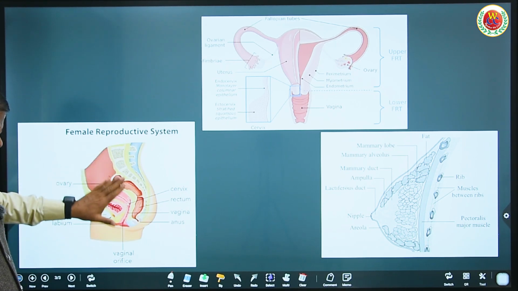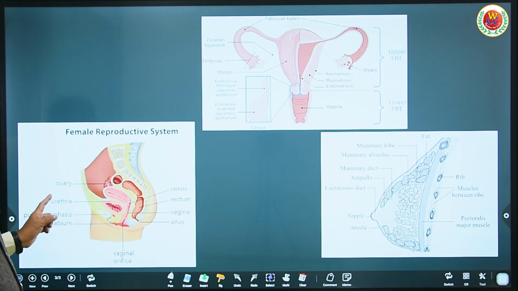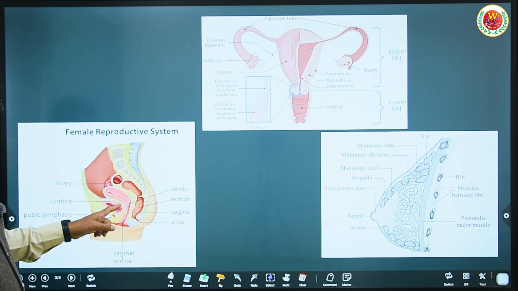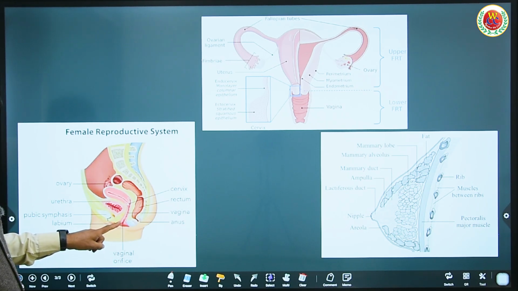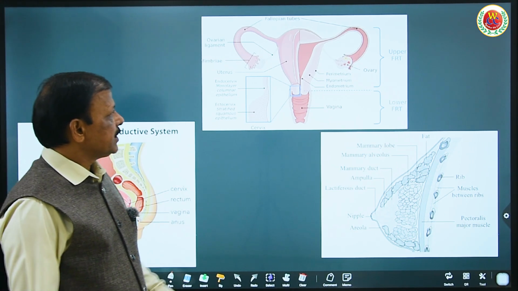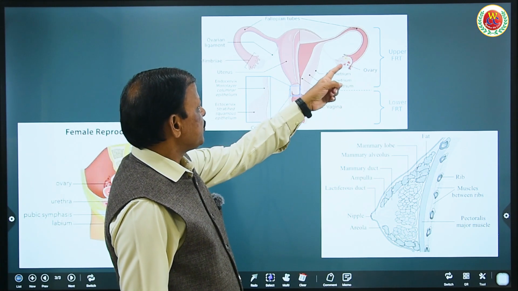On NEET the diagrams are available. See here, this is a side view showing ovaries, uterus, cervix, vagina, and the vaginal orifice, that is the vaginal opening. As I told you, the pubis symphysis is covered by fatty tissue, and labia majora and labia minora. Here the pair of ovaries is shown.